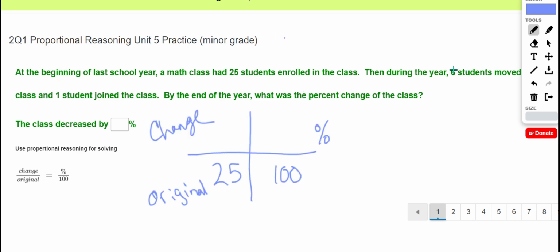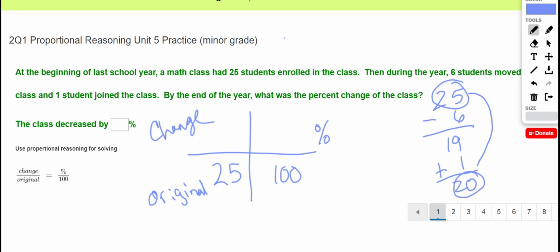Oh, I needed to correct that just a little bit. So the change was the class went down by 6 and then up by 1. So the change was 25 minus 20, which would have been 5 students.